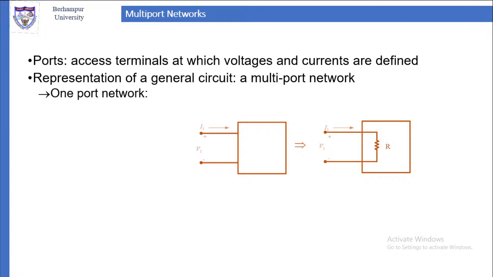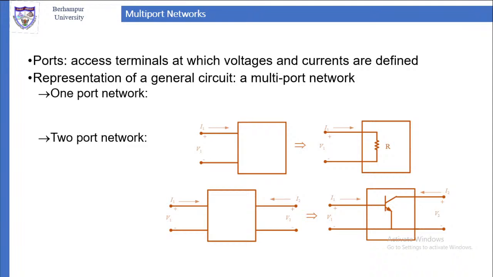There is a voltage source. From the voltage source you are taking two wires and connecting to two ends of the resistor. So the resistor gets input from one port, which is the voltage port. The whole resistor is the circuit, that is the network. This network is a single-port network, a one-port network.